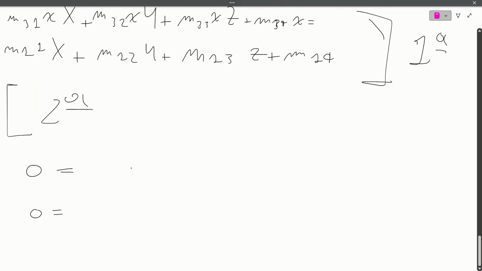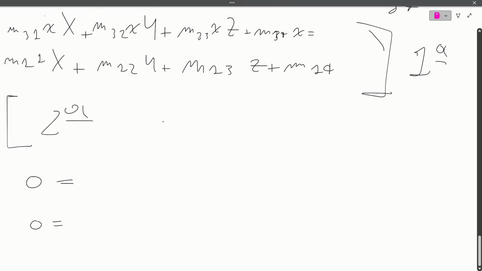And this allows us to write this equation in a matricial form. This is the matricial form.